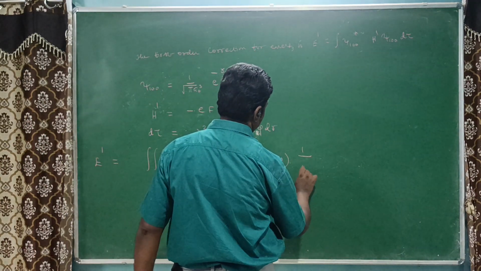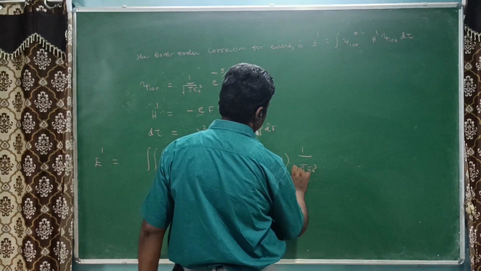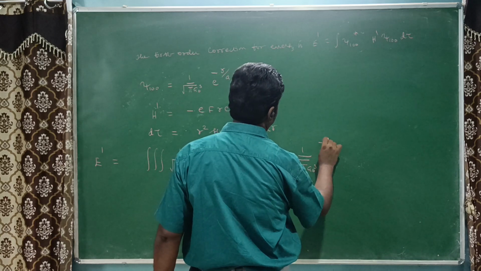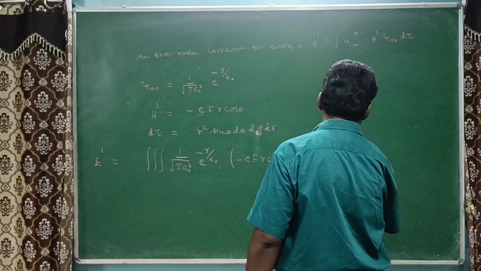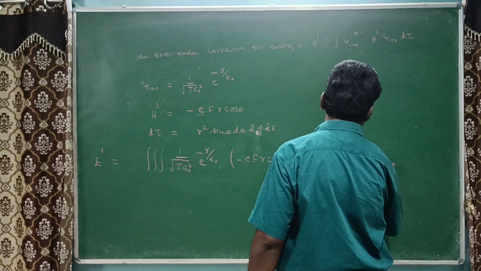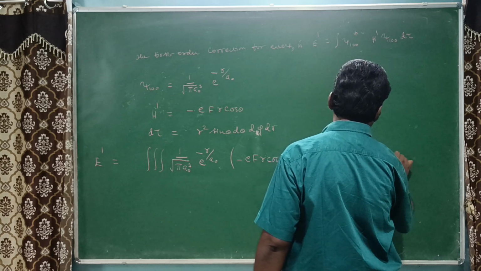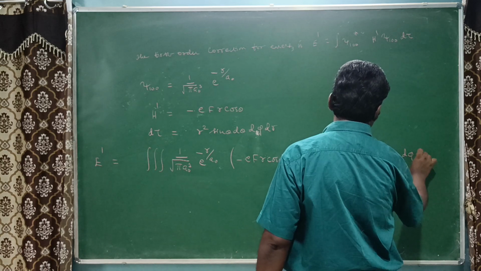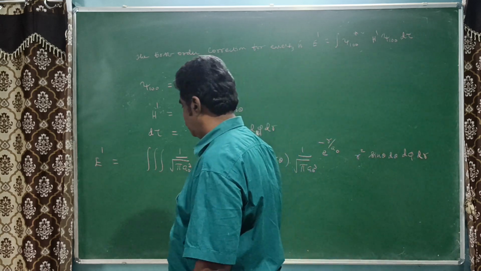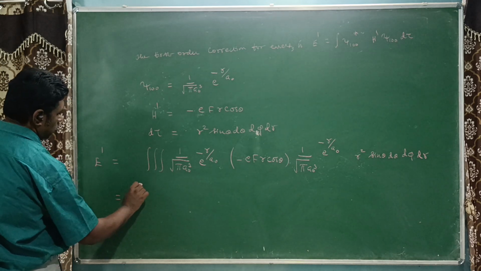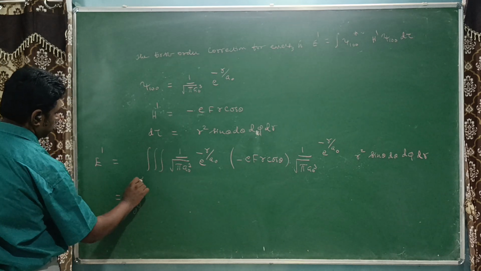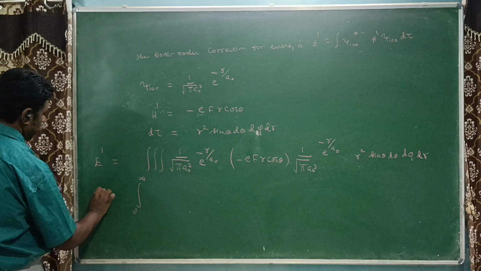Then once again 1 by root of pi a0 cube, e power minus r divided by a0, into r square sin theta d theta d phi into dr. The integral limit varies from 0 to infinity.